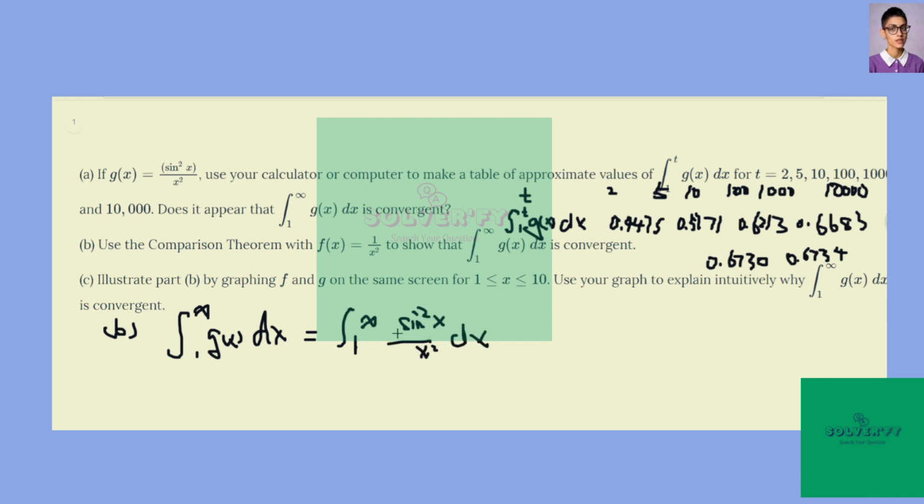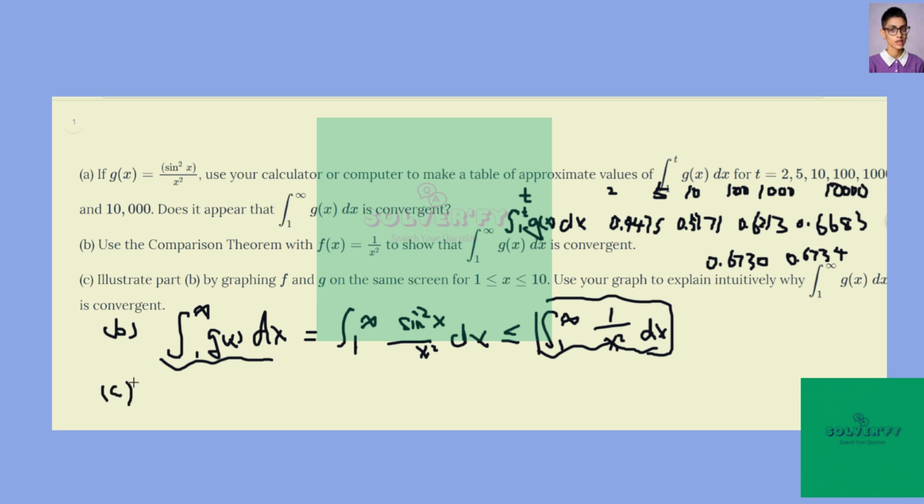But we know sine squared x is always smaller than 1, so this is smaller than the integral from 1 to infinity of 1 over x squared dx. But we know this improper integral is convergent. So by the comparison theorem, the improper integral of g of x from 1 to infinity is convergent.